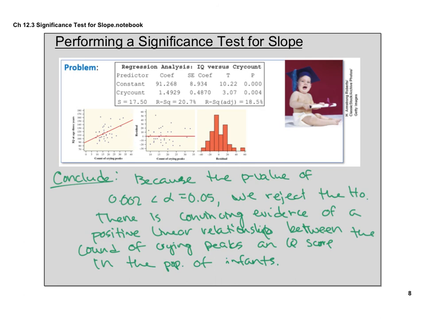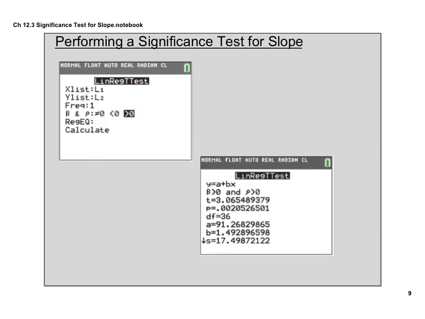Here we go. Like everything else, we have options to put all this into our calculator. You were given the data in the very initial question, so you could type the data into X1 and Y1, and then go into that LinReg test. LinReg comes from stat, and then over to tests, and it's the very last one. Go down to that LinReg t-test.